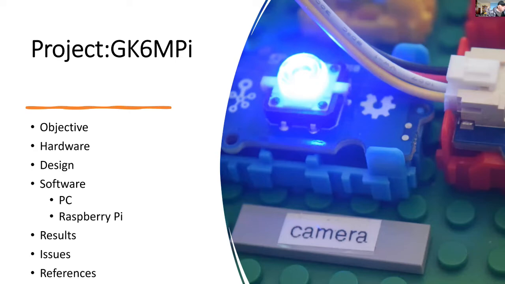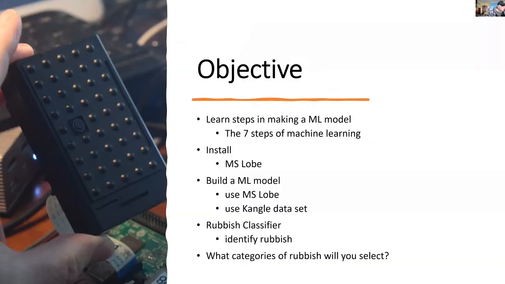So we'll go through what the objectives, what hardware I'm using, the design, the software on the PC, the Raspberry Pi. We'll look at the results, some of the issues, and some of the references. So it's a good idea to learn some of the steps behind it.